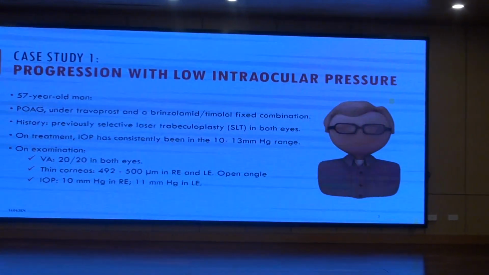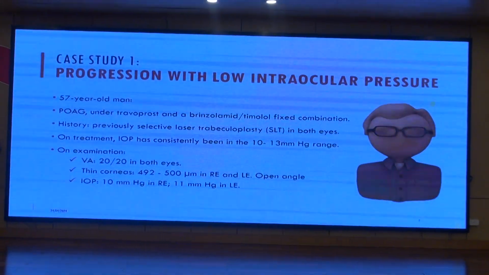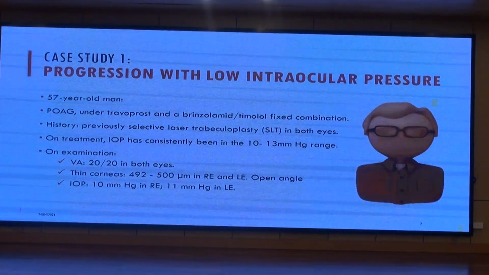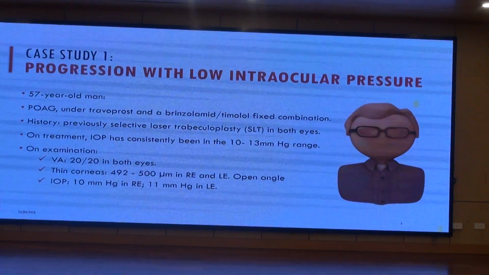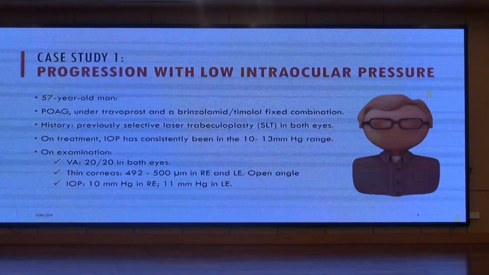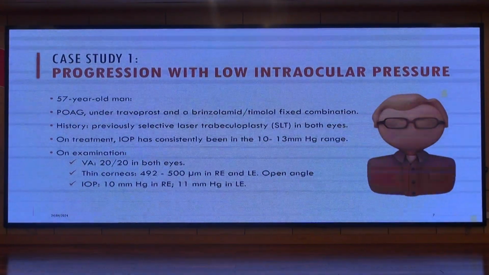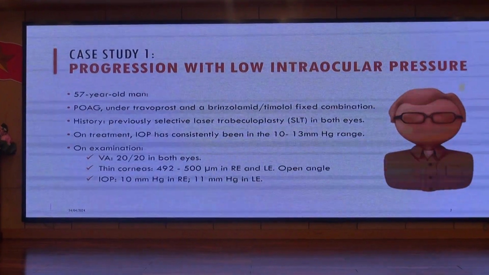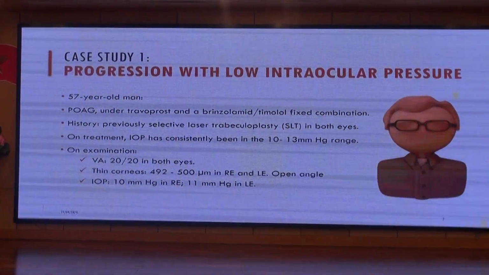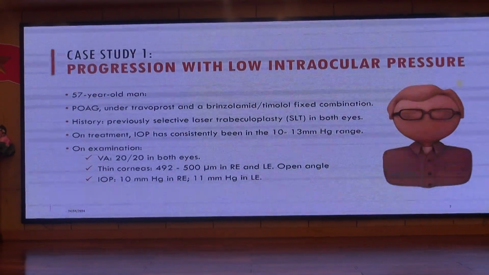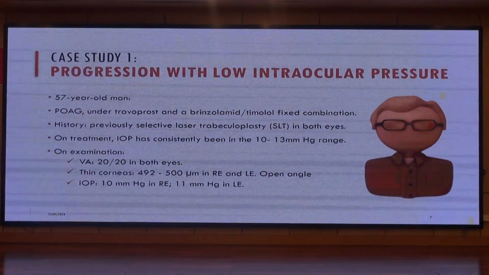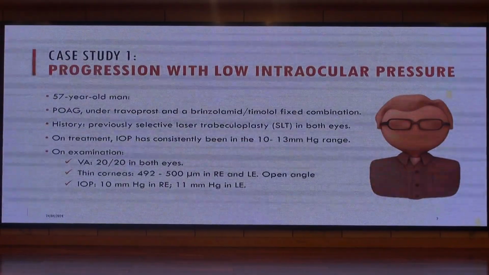The first case is progression with a low intraocular pressure. This is not rare in our clinical practice. Here is a 57-year-old man diagnosed with glaucoma, under treatment with triple therapy and a combination of brinzolamide and brimonidine. He has a history of selective laser trabeculoplasty in both eyes.